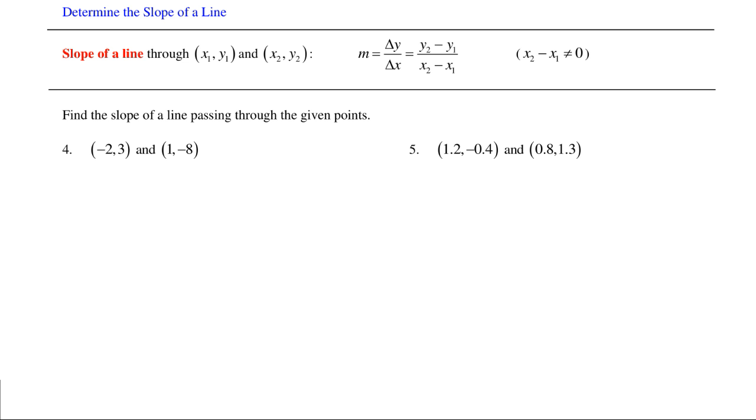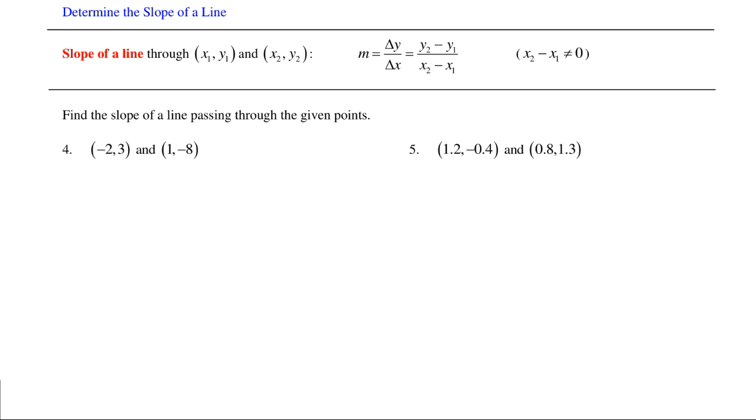Now we're going to look at finding the slope of a line. And remember that a slope is like the slant of a line in a sense. It's a comparison of how high or low it rises or falls in comparison to the horizontal change, so how far it goes across.